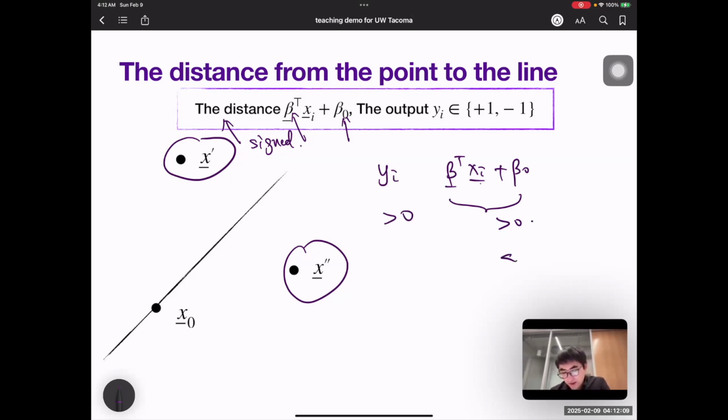When this part is negative, the y value also agrees with it. So we can naturally multiply the two parts together, and this will be our distance, whether the data point lies on the upper part or the bottom part.